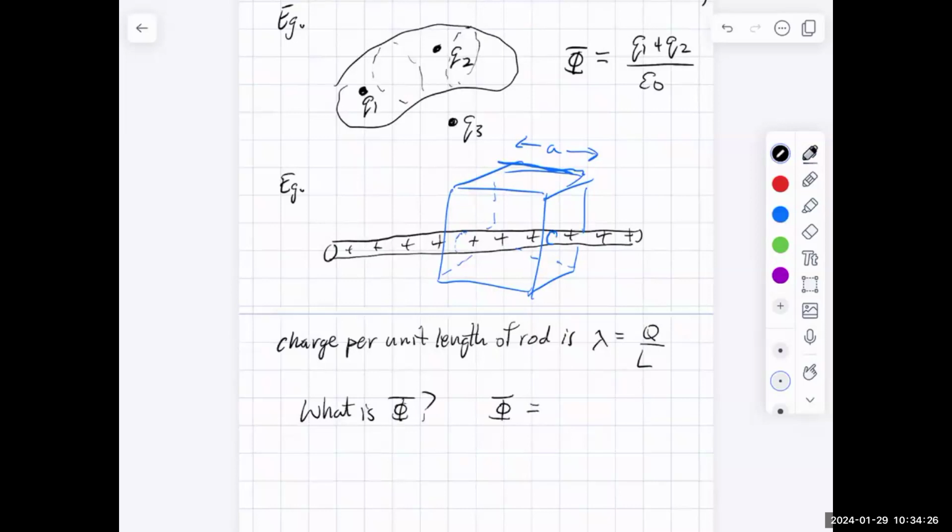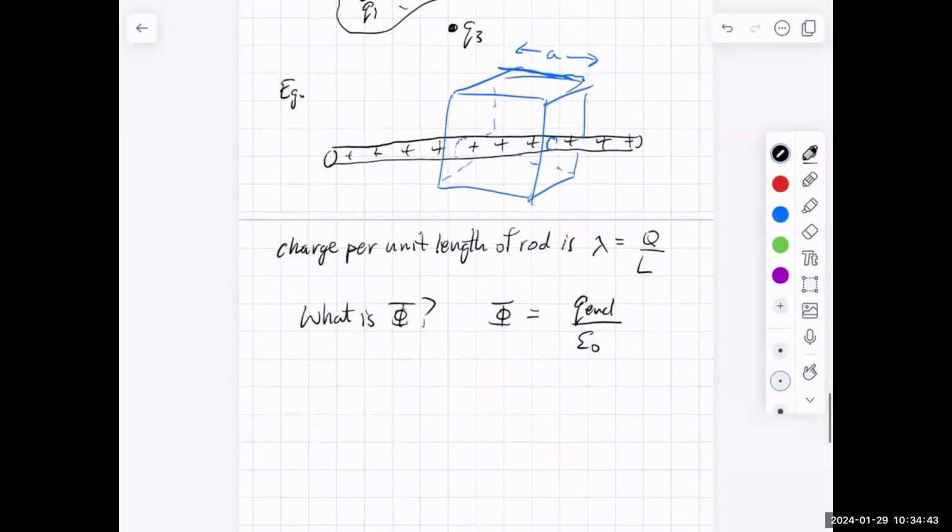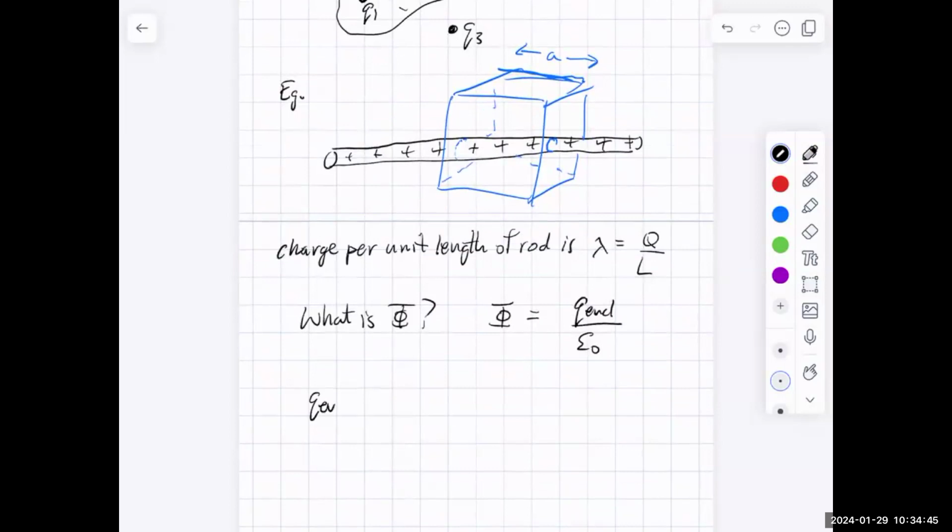Yeah, exactly, that's right. So the only challenge in this problem is to find how much charge is inside this cube. Whatever the answer is, it's always going to be Q enclosed over epsilon naught. Q enclosed is the total charge that's inside the cube.